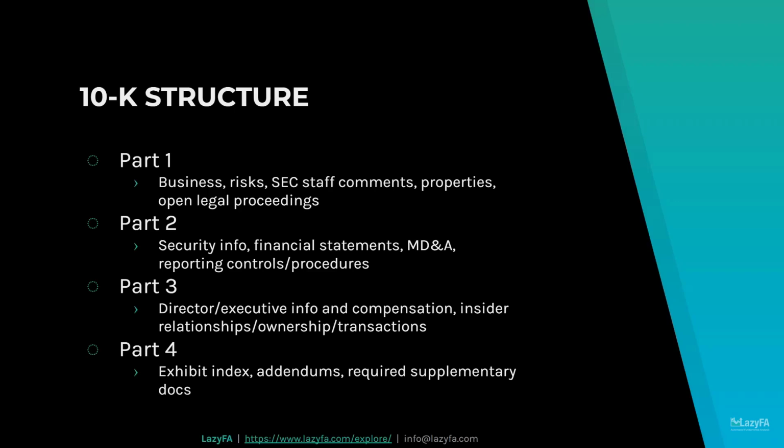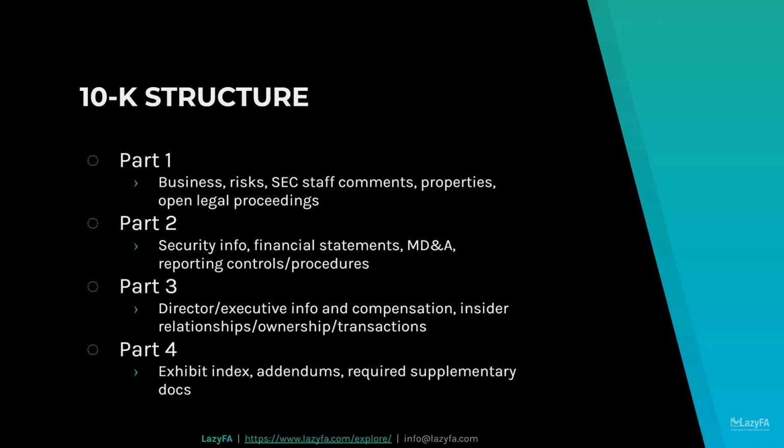So if SEC staff has commented on anything or had questions for them and they haven't resolved those questions, they have to put that into part 1 so that people know that the SEC is questioning them about stuff. Properties, meaning their office locations and any kind of manufacturing plants and things like that. And then part 1 will also contain any open legal proceedings. So if they're in the midst of a lawsuit or anything like that, that will also be in part 1.